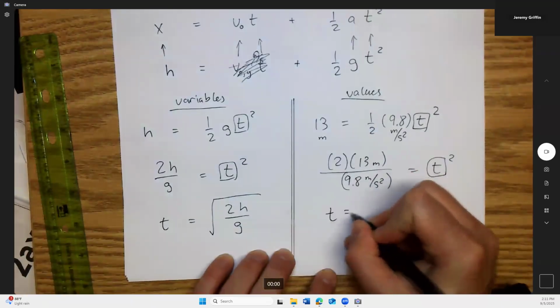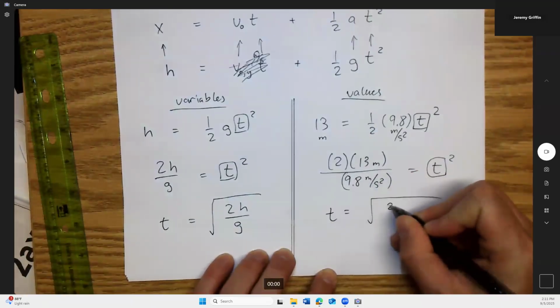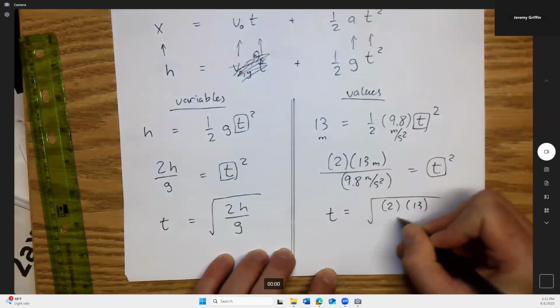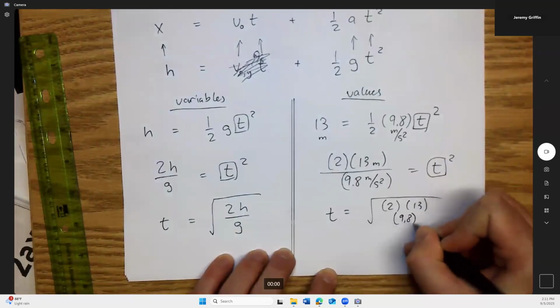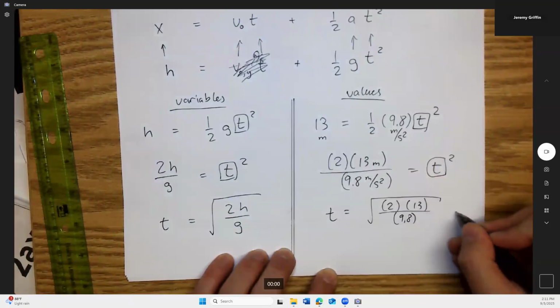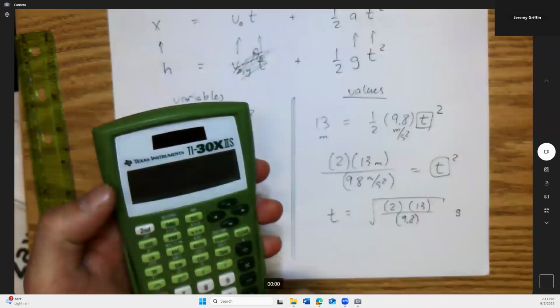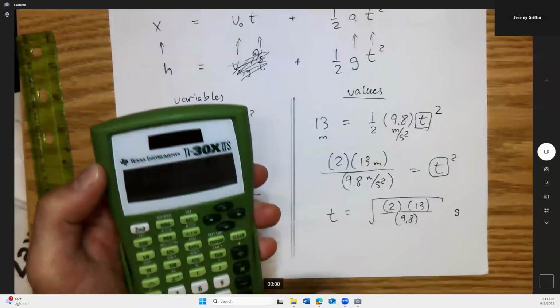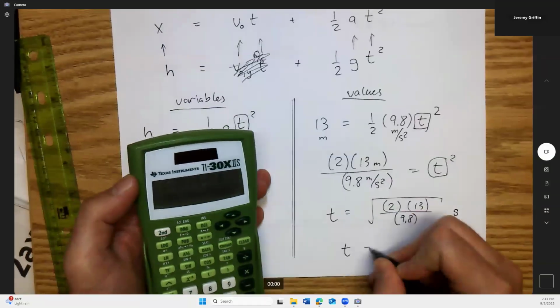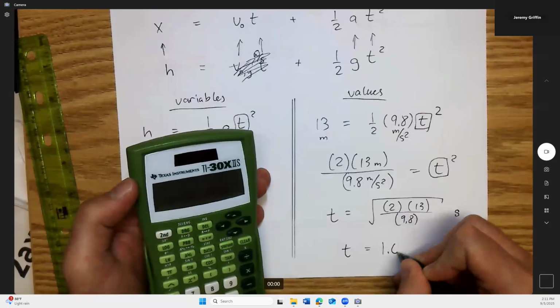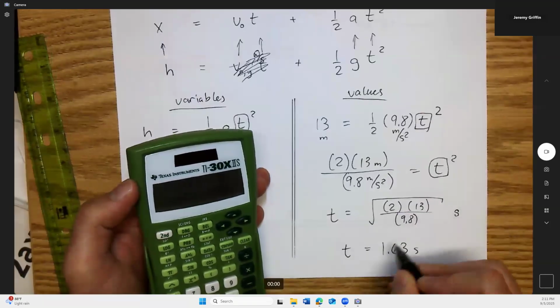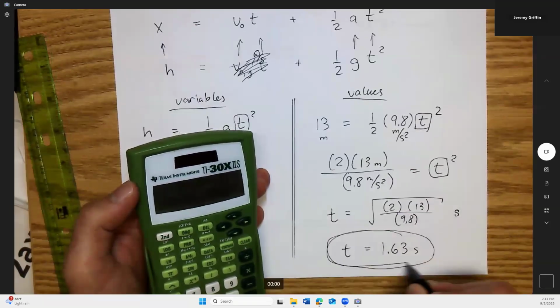So t equals the square root of 2 times 13 over 9.8. Let's see, what would that be? I'm getting a fall time of 1.63 seconds.